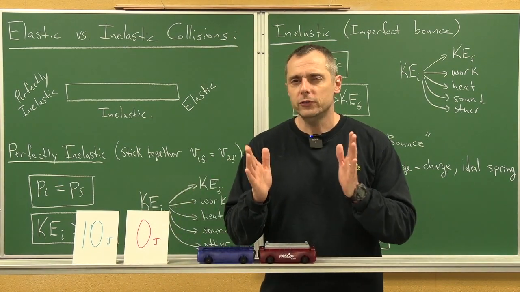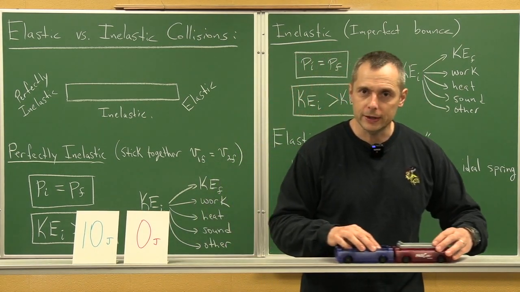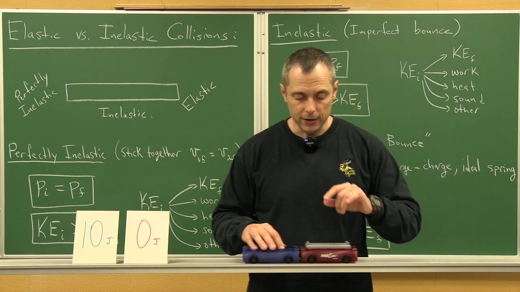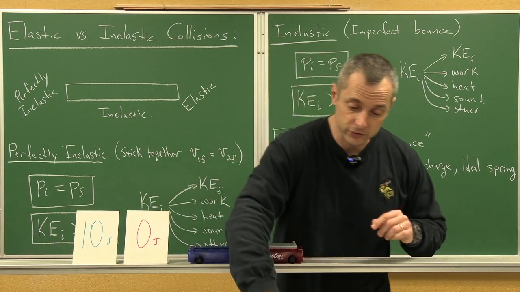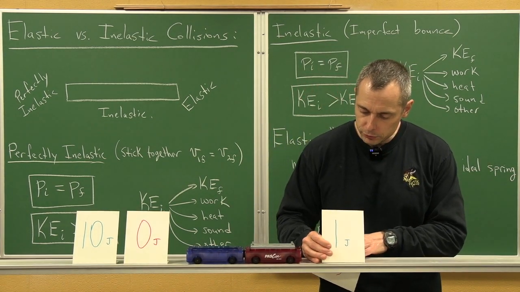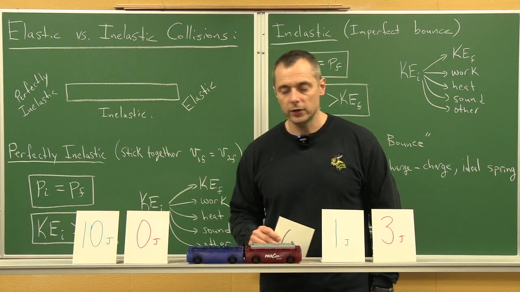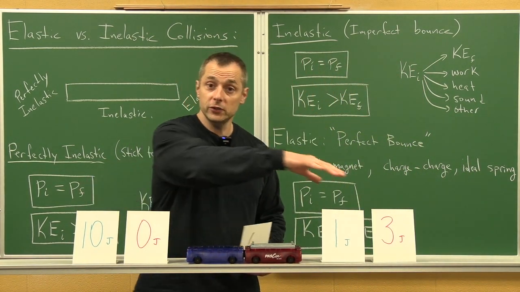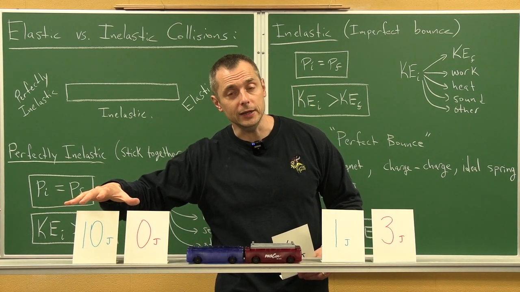And then let's suppose they stick together. And so now they're both moving with a kinetic energy, same speed. This one has more because it has more mass in 1/2 mv squared. And so maybe something like this happens. Maybe the blue car now has 1 joule, the red car has 3 joules. Okay? So we're missing some energy. We only have 4. And over here we had 10 in the beginning.